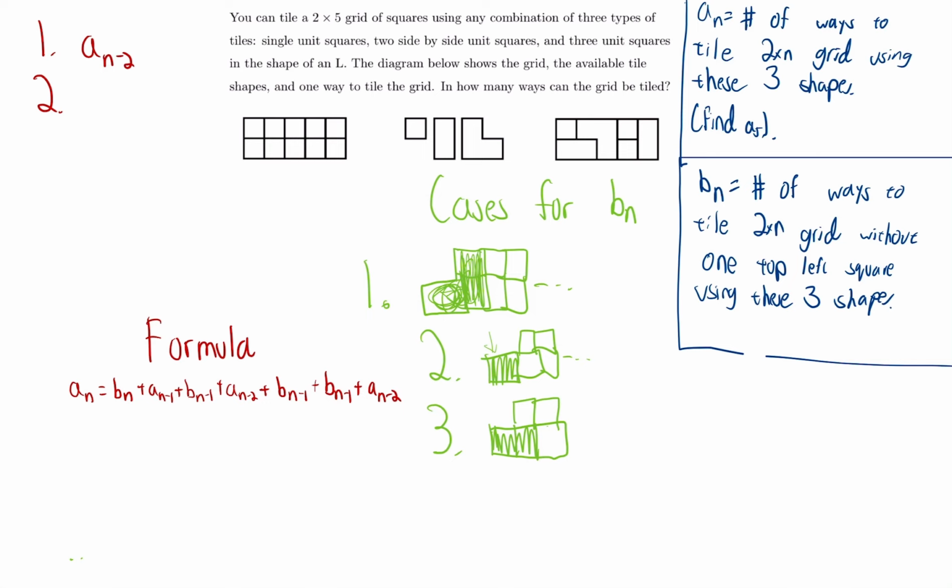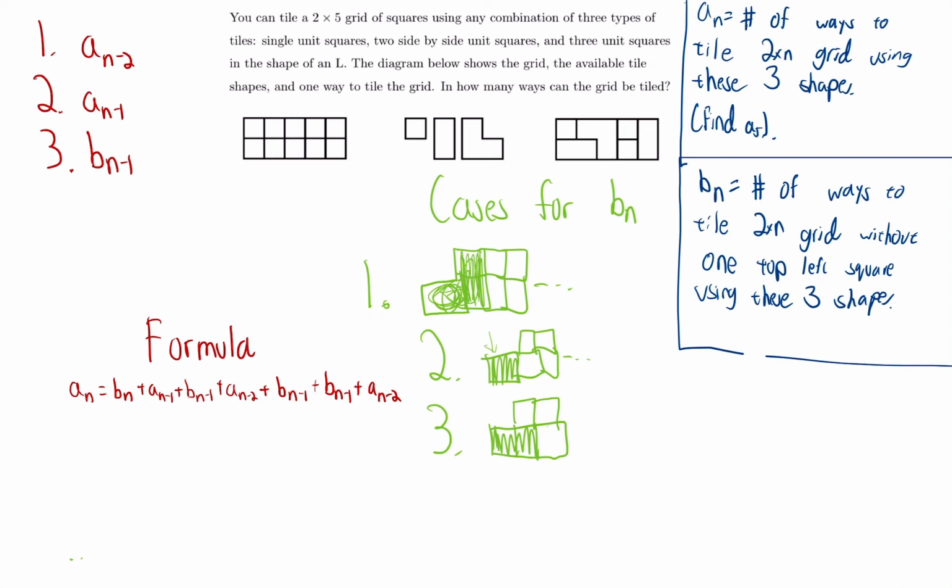Case 2 would be a of n minus 1. Case 3 would be b of n minus 1.